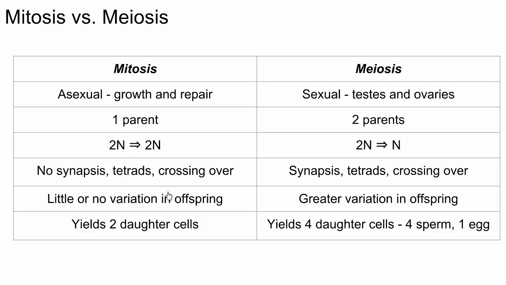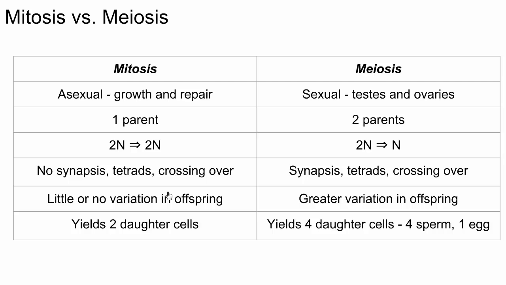Mitosis maintains chromosome number. Diploid cells produce other diploid cells. Meiosis reduces the number of chromosomes. Diploid cells create haploid cells. In mitosis, there is no synapsis. There's no tetrad. There is no crossing over. All of those things do happen in meiosis.